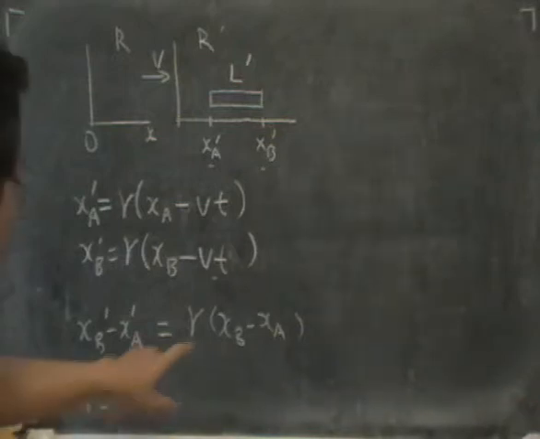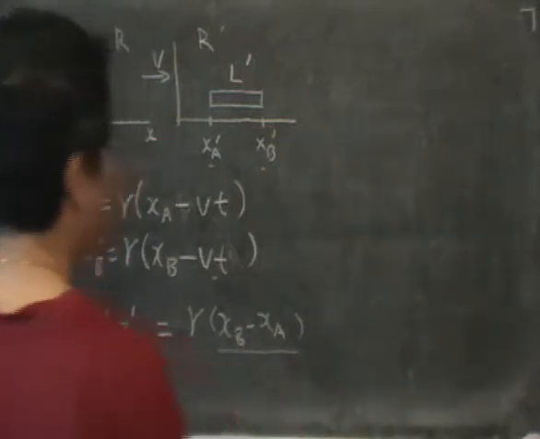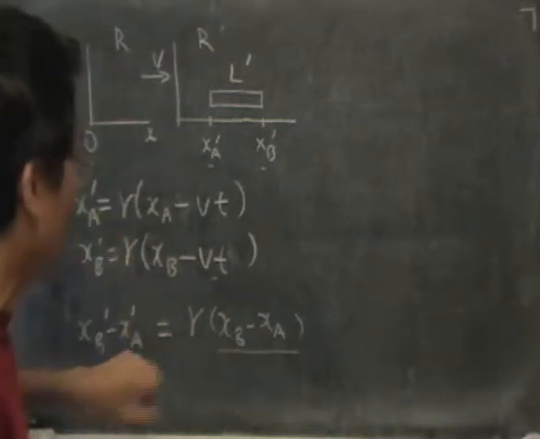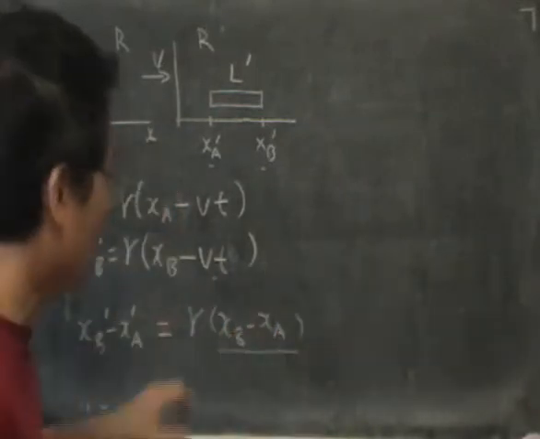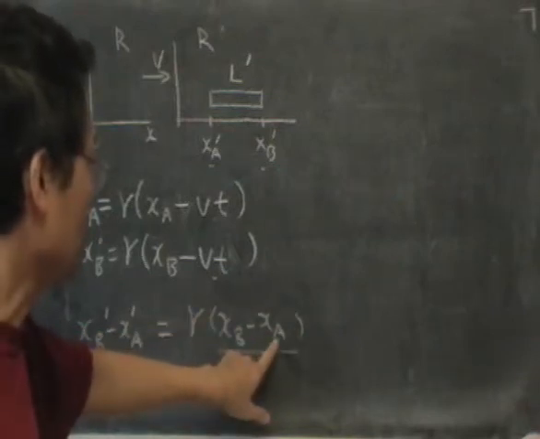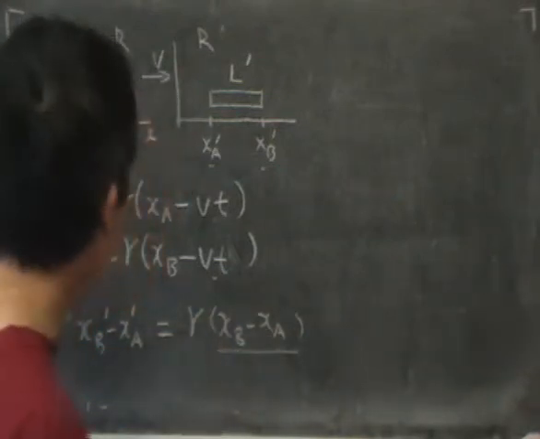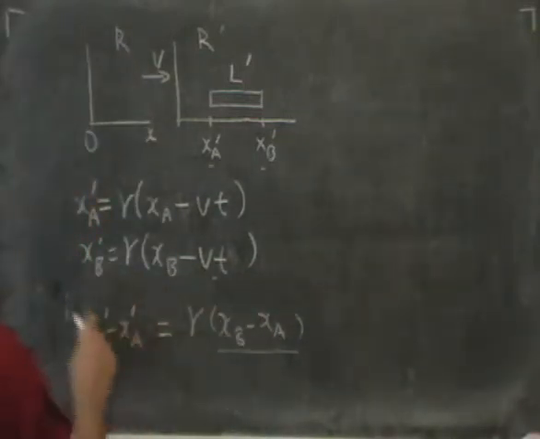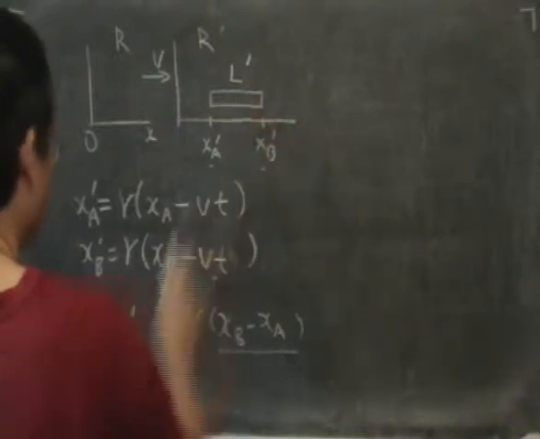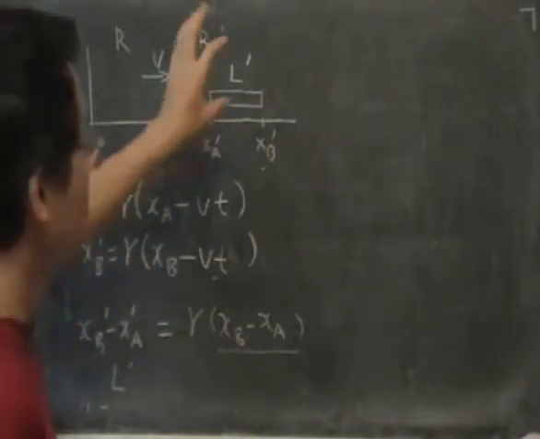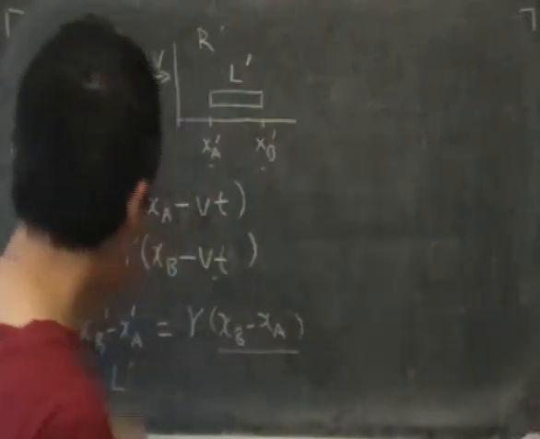So this is the length that is measured by this observer. With his camera picture, he can measure the positions of the two ends of the ruler and subtract them to find the length. Now this length here was L prime. That's the length according to this observer, where the ruler is at rest.